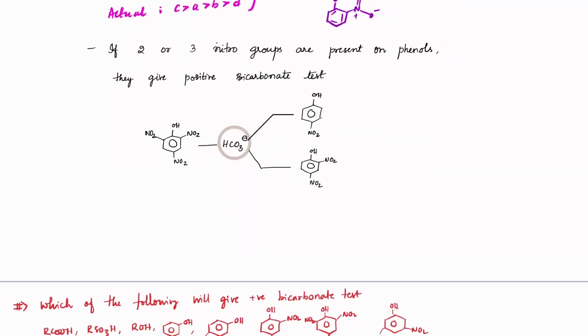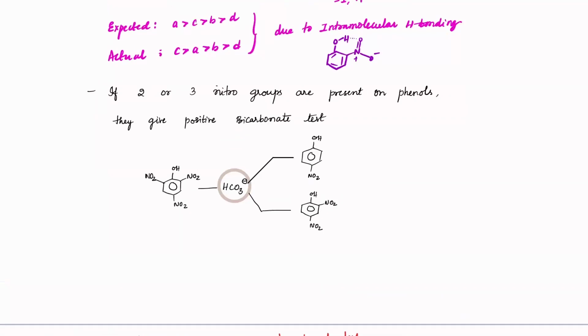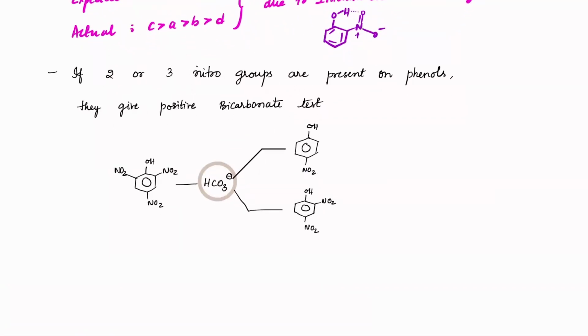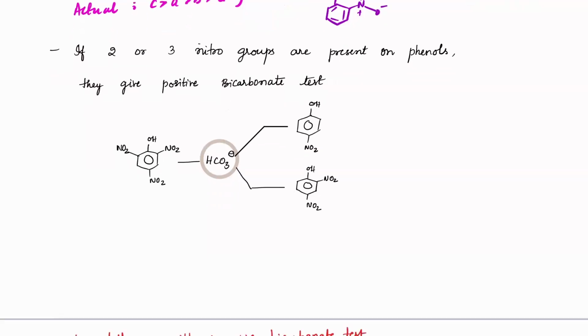Next, another very important thing to note is that when you have two or three nitro groups present in a phenol, the pK value decreases drastically. In fact, if you compare the pK values here, if you have HCO3 minus to react with, picric acid's pK value is around 1.